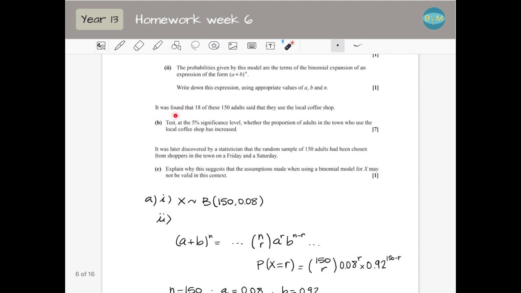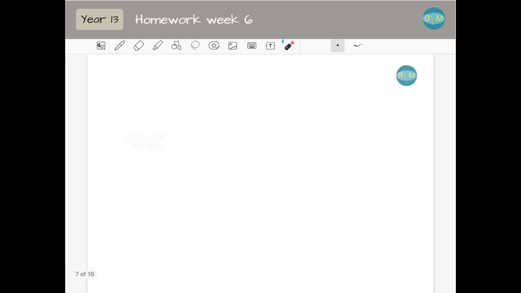And then it was found that 18 of these 150 adults say that they use the local coffee shop, and we have to do a test at the 5% significance level to see if the proportion of people that use the cafe has increased. So our hypothesis test is going to be H0: the proportion is still 0.08, but H1: we want to check if it has increased.